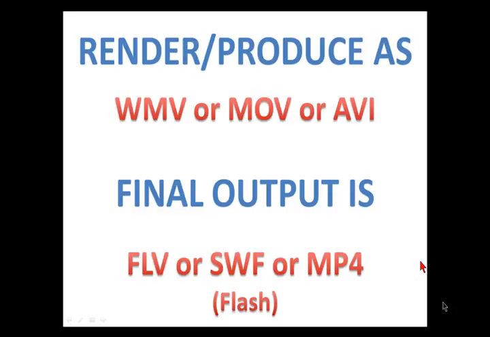And your flash output would be taking this one movie that you've made as an AVI and doing what's called transcoding and turning it into an FLV or a SWF file or an MP4.